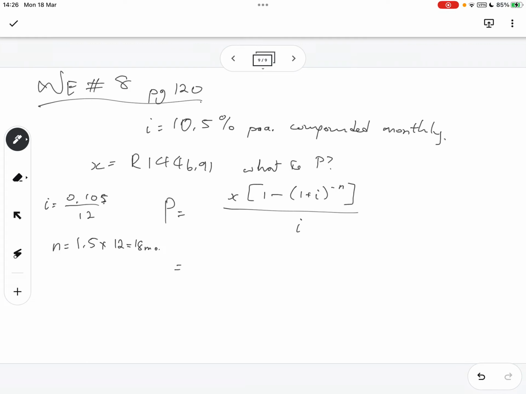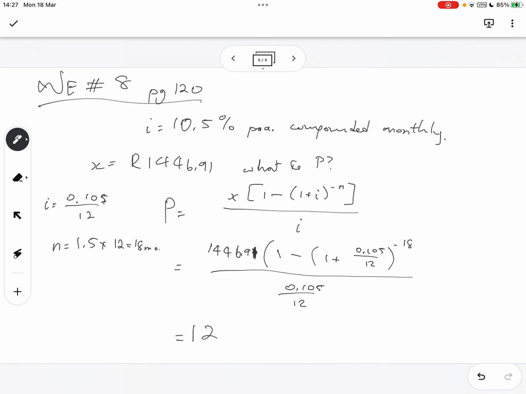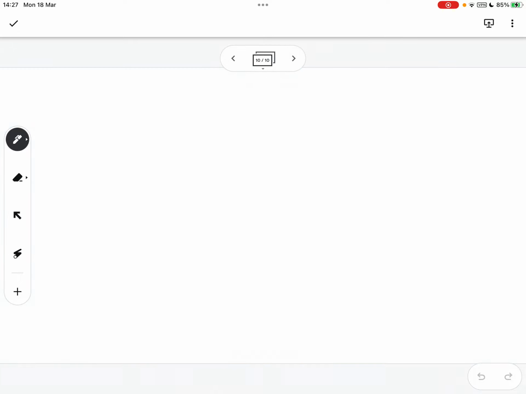Then the size of the loan is 1446.91 into 1 minus (1 plus 0.105 over 12) to the power negative 18, over 0.105 over 12, and that equals 24,000. So he took out a loan of 24,000 bucks.